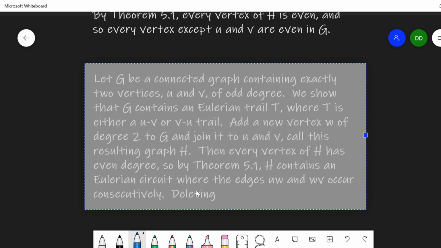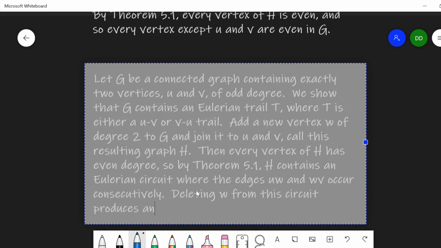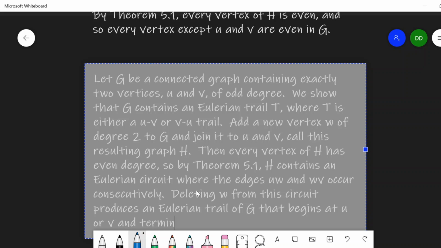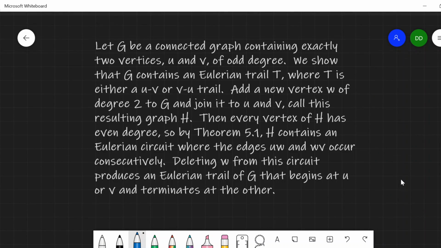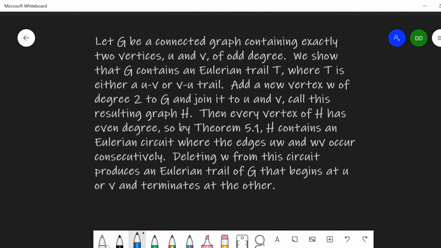So deleting W from this circuit produces an Eulerian trail in G that begins at U or V and terminates at the other. And that's the proof. So this is a nice technique.